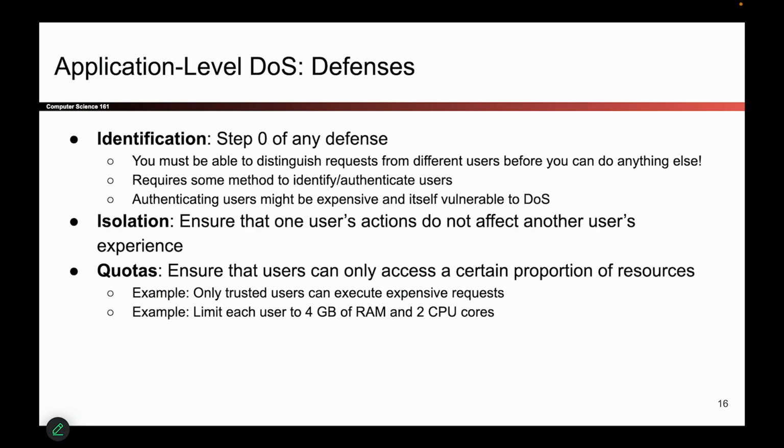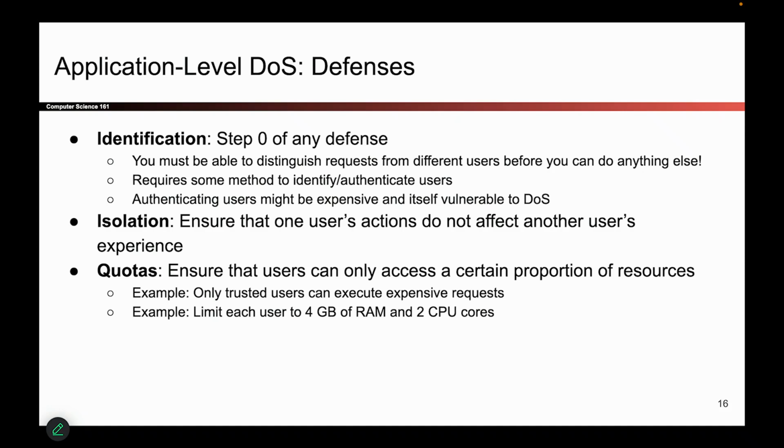Once you know that denial of service is happening, what are some ways to stop it or prevent it? One thing you can do is try and isolate users from each other. So make sure that one user's actions don't affect what other users are seeing. If one user is somehow able to crash your system and that affects all of the other users, that might be bad system design on the part of the server.